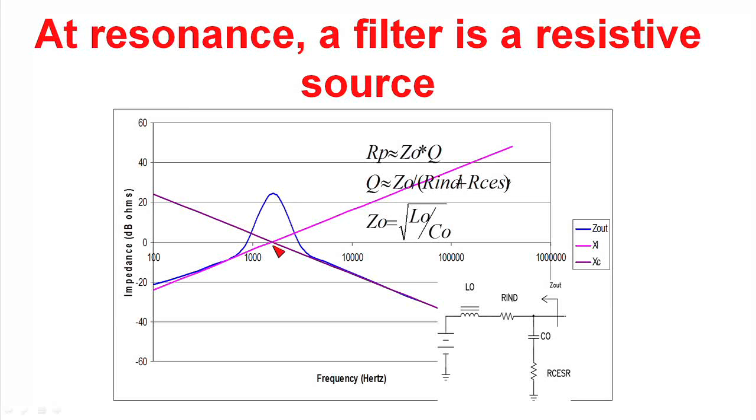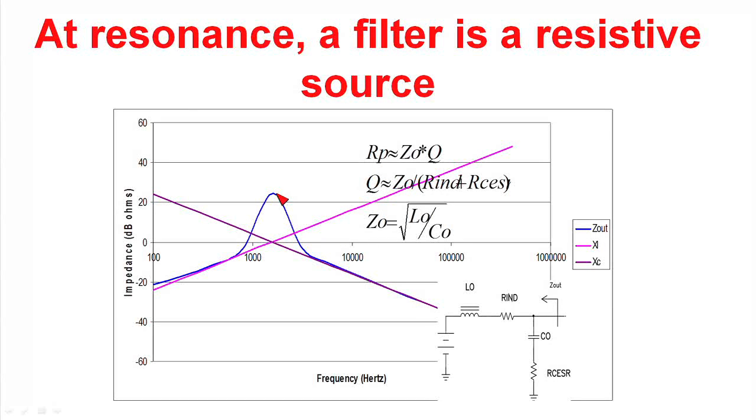What happens is the reactances equal each other, but they have opposite signs. When you do the math, you get a positive and negative that gives you a zero in the denominator and gives you a big peak. Now, this peak is set by how much damping is in the filter. You can do a simple calculation of the Q of the circuit.